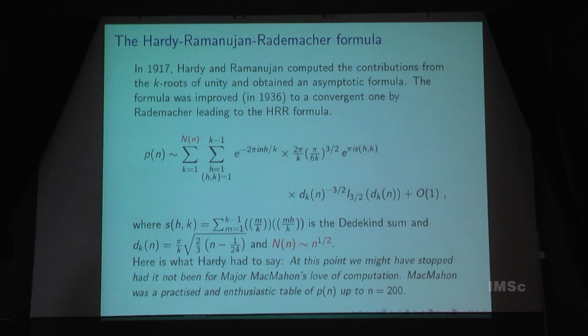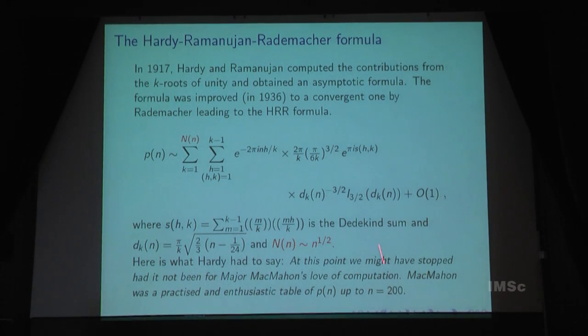And what happened is Rademacher was going to teach, it was summer break, and next semester he had to teach a course where he was planning to do the Hardy-Ramanujan formula. He was preparing for the lectures, and he noticed that they had not done some things properly, and he tweaked it.